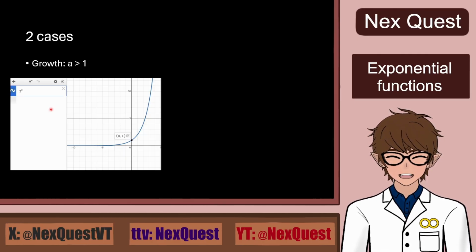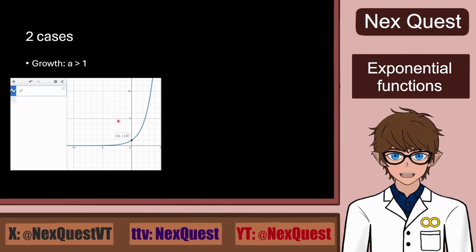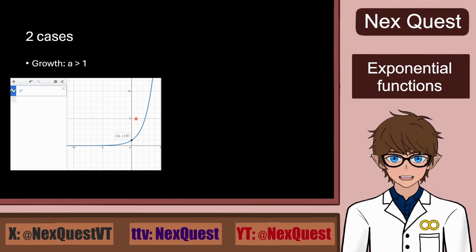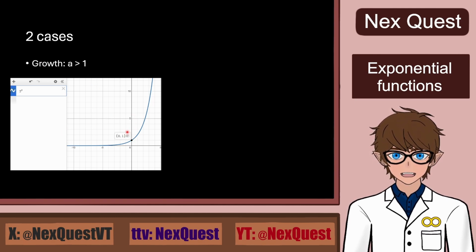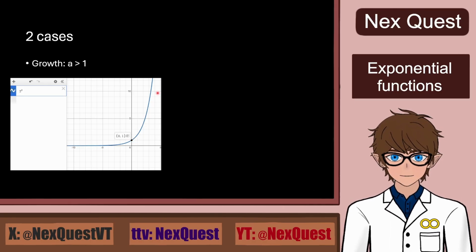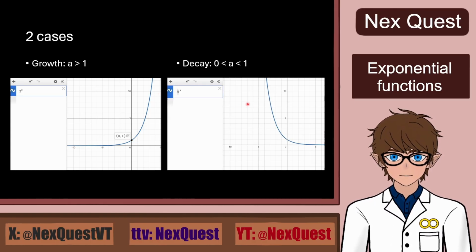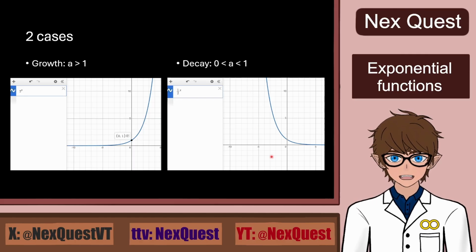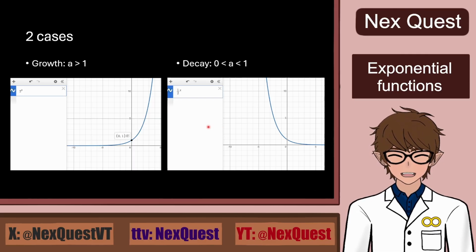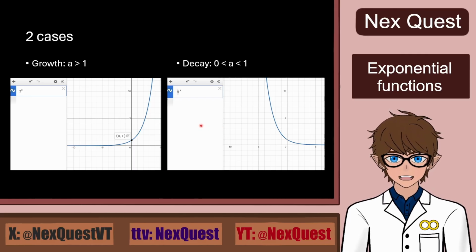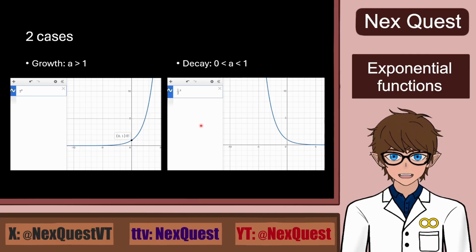First case is when a is greater than 1, the function will increase as x increases. The graph will pass through point 0,1 and rise rapidly. However, when a is less than 1 and greater than 0, the function will be decreasing towards 0. This all ties back to one of my first videos where I said that multiplying a number with itself, so squaring, cubing, etc., is distancing it from 1, and taking a root is approaching 1.